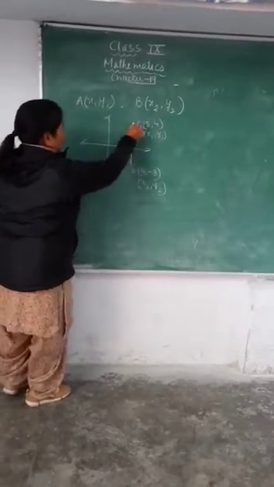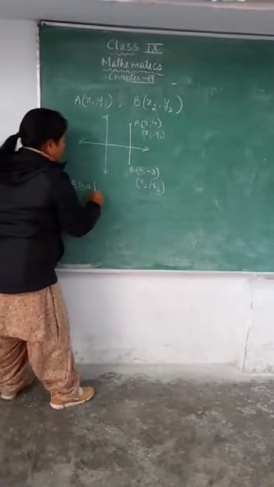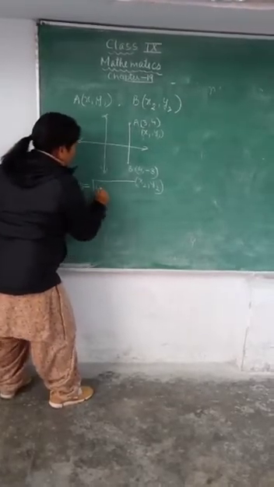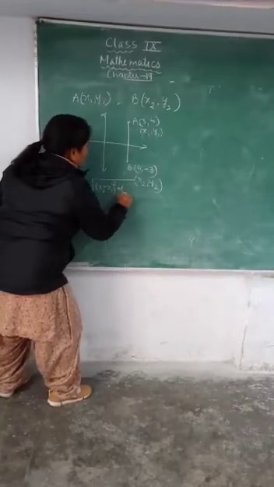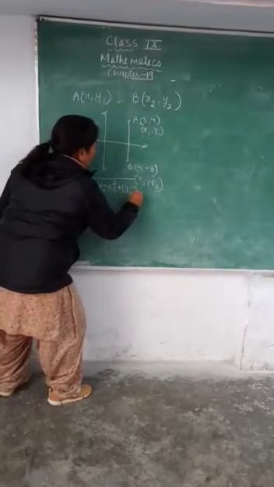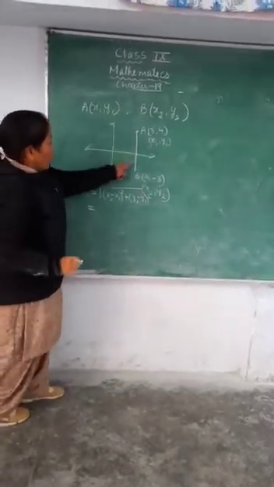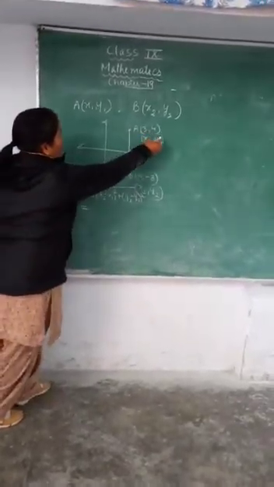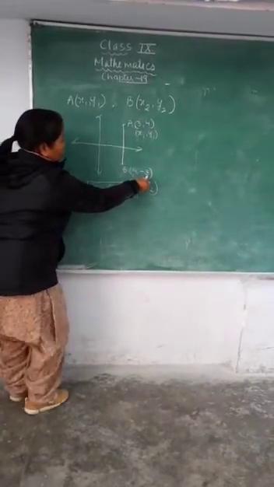So the distance AB can be found by this formula. AB equals under root x2 minus x1 whole square plus y2 minus y1 whole square. So according to these points, our x1 is 3, y1 is 4, x2 is 4 and y2 is minus 3.